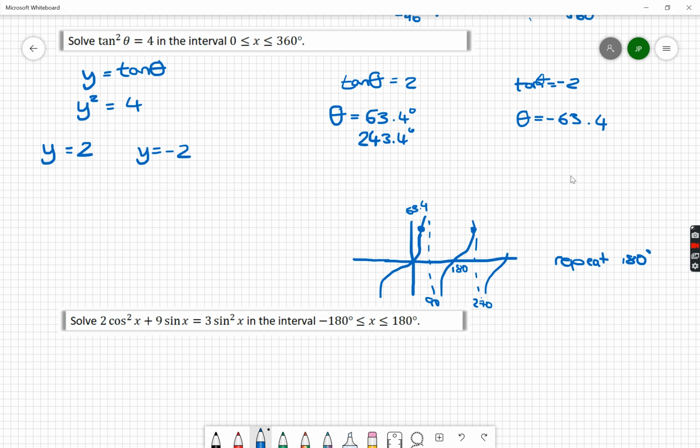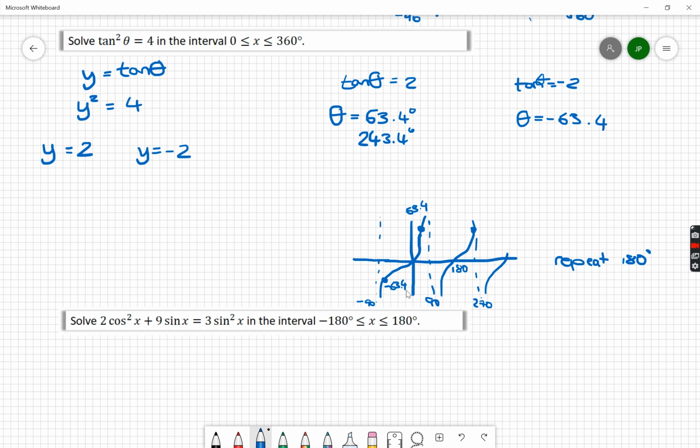Now, same as with the last one, minus 63.4 does not fall within my range currently. So minus 63.4, because we're going to have the other asymptote along there at minus 90, is going to sit somewhere in here.